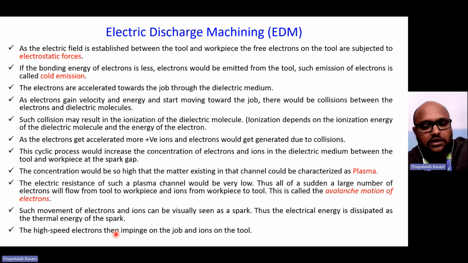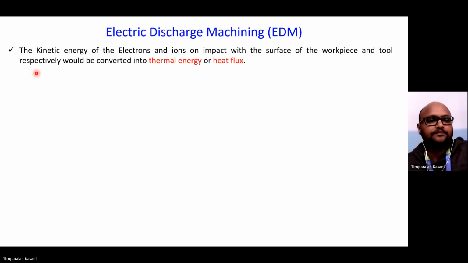That is the reason why in both the regions the spark is in contact and some amount of material will be melted. Of course, from the workpiece side, more metal is melted, and from the tool side, less metal is melted.